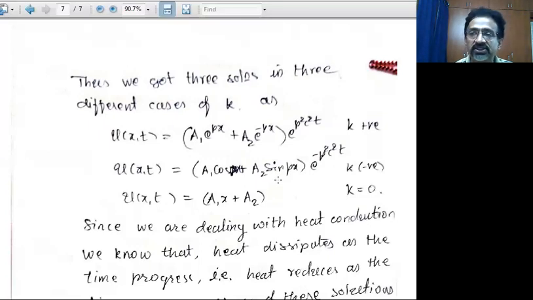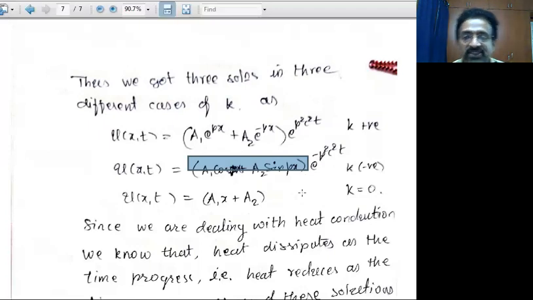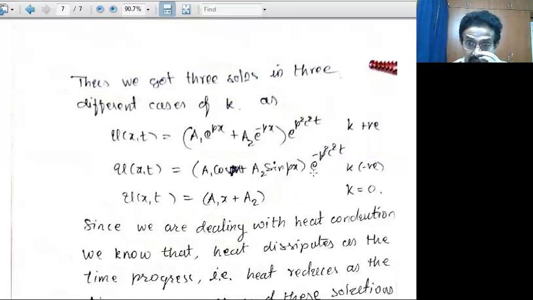Therefore, whatever the value of x, even if I go far off places, A1 cos px plus A2 sin px will be a finite quantity, as cos px and sin px lie between -1 and +1. So the first bracket, A1 cos px plus A2 sin px, is a finite value.